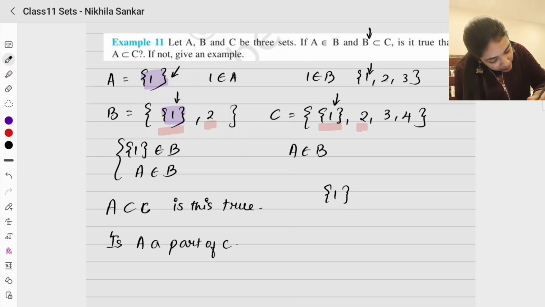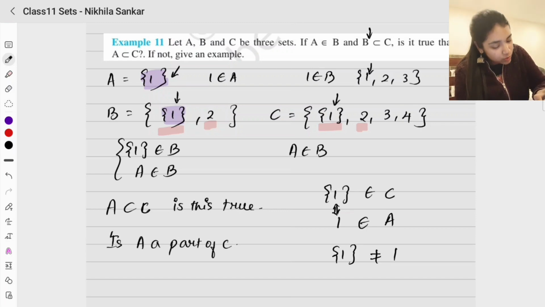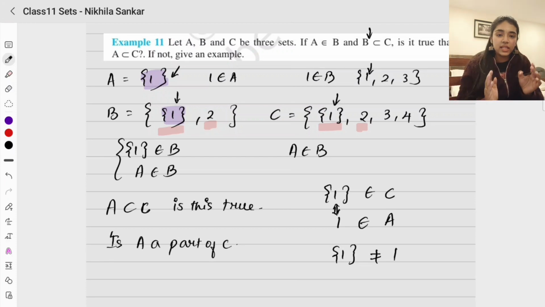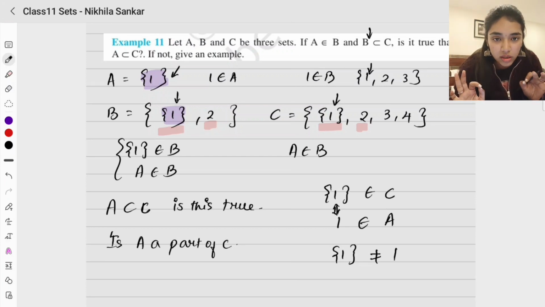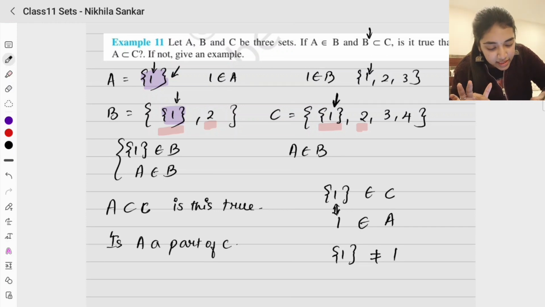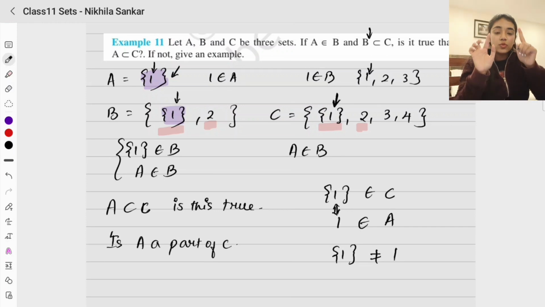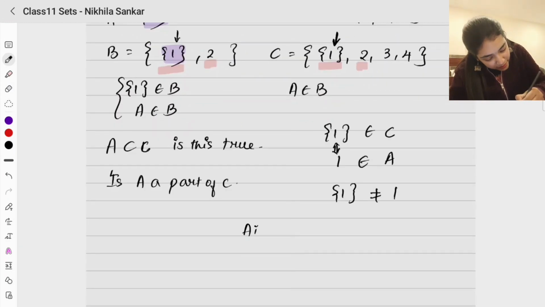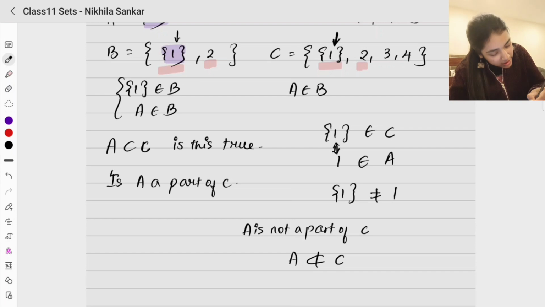The 1 belongs to C. 1 belongs to A. These two are not equal. 1 is not equal to 1. 1 inside the curly bracket is not equal to simply 1. Correct? The element 1 is in A. In C, what do we have? C has an element which is inside the curly bracket. So A is not a part of C. So A is not a subset of C.